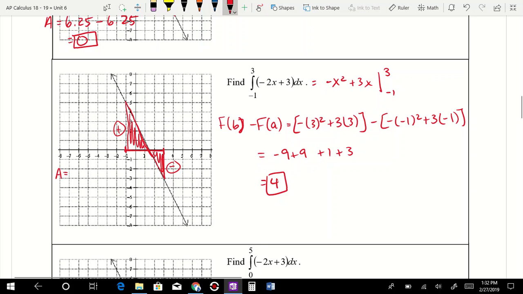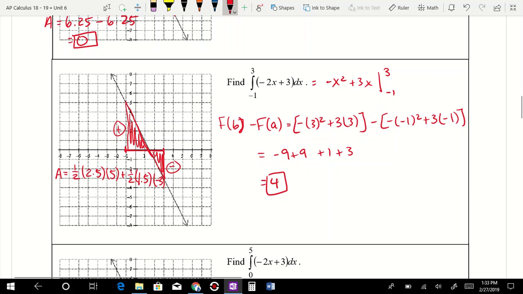So the area of my first triangle is 1/2, a base of 2.5, and a height of 5, plus 1/2, a base of 1.5, and a height of negative 3.